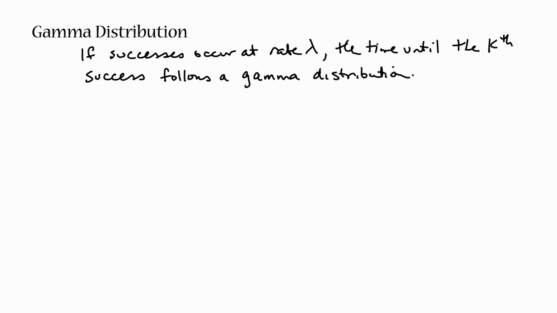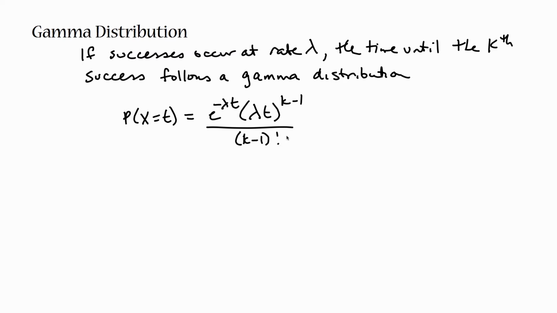This probability density function is a lot less intuitive to look at. For the probability density function, the probability that x is equal to t, because we're looking at the time until the kth success, is equal to e to the negative lambda t, times (lambda t) to the k minus 1, divided by (k minus 1) factorial, all times lambda.